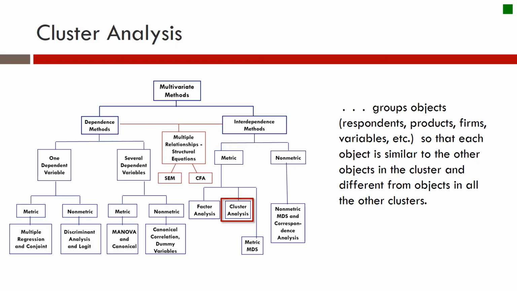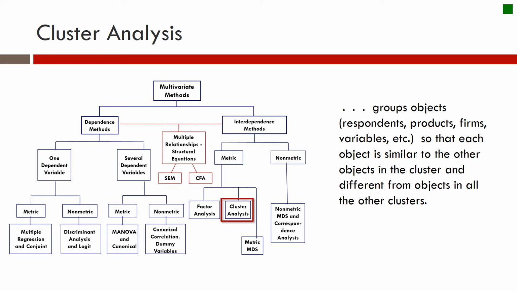Okay, so then moving on, cluster analysis. This is another interdependence model like factor analysis. In factor analysis, we're looking to group together variables that go together, like from a survey or something like that.